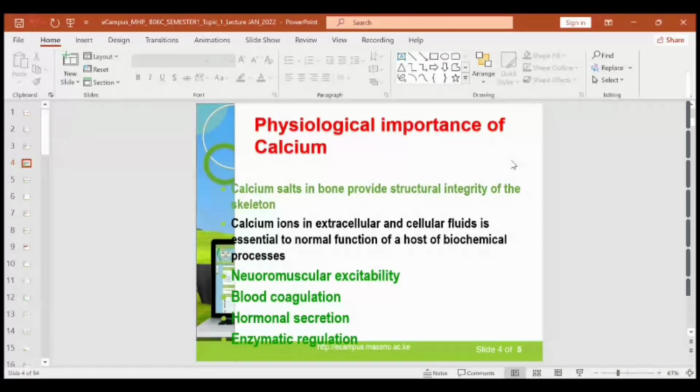For that beating to take place, some calcium channels have to open and close, and that causes the excitation of the cardiac myocytes. We'll see the importance of that later. Also neuronal activity: for your neurons to be excited also requires the calcium channels to open and close.